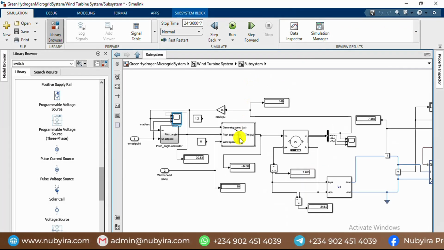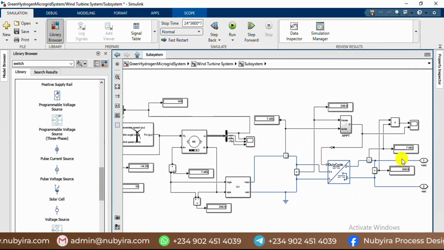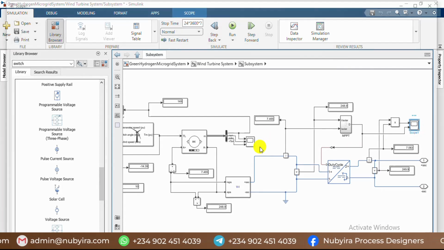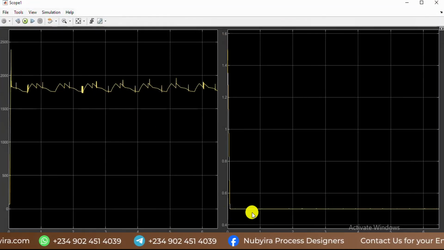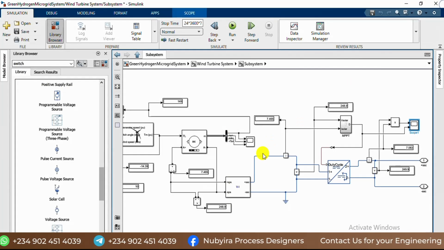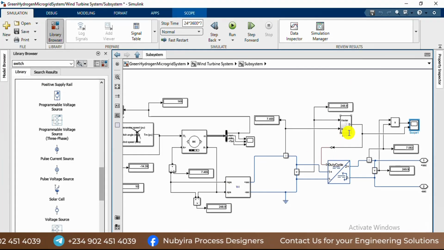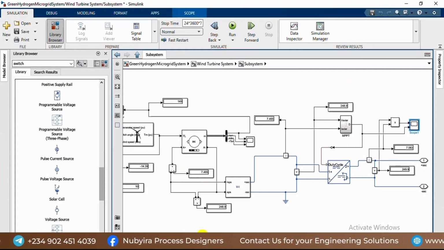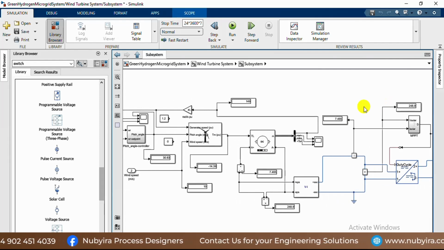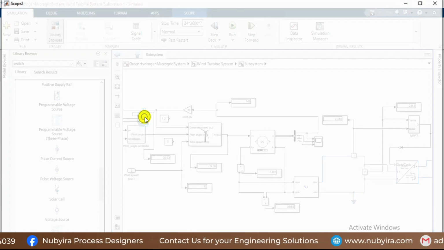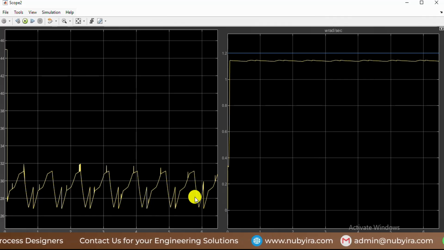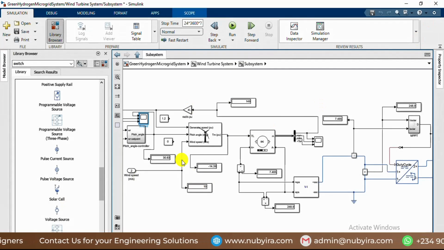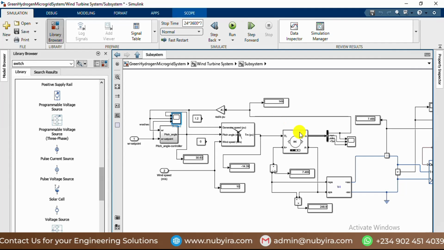Then you can see the individual power, and the voltage, the MPPT controller for the wind farm. You can also see this trend of the pitch angle, to stabilize the speed of the generator.